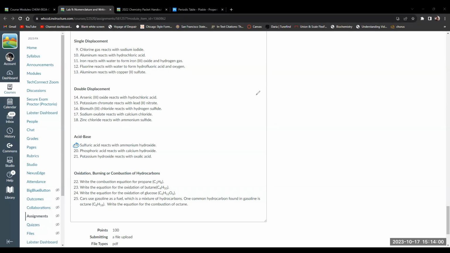So sulfuric acid. Let's take what we know from nomenclature to decipher what that is. Sulfuric, we are working with IC.